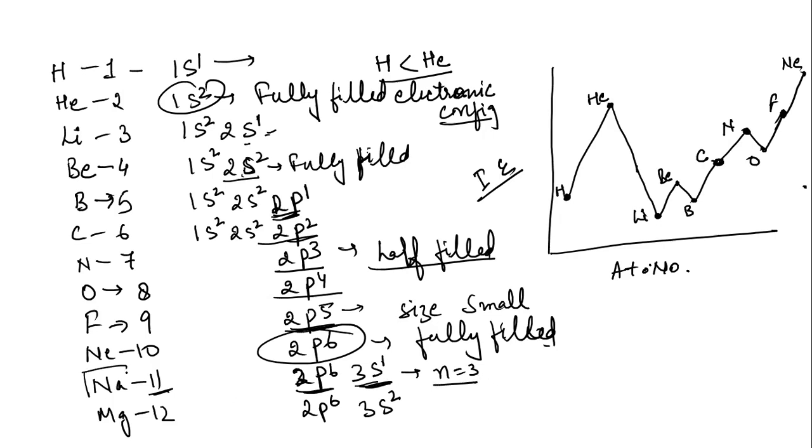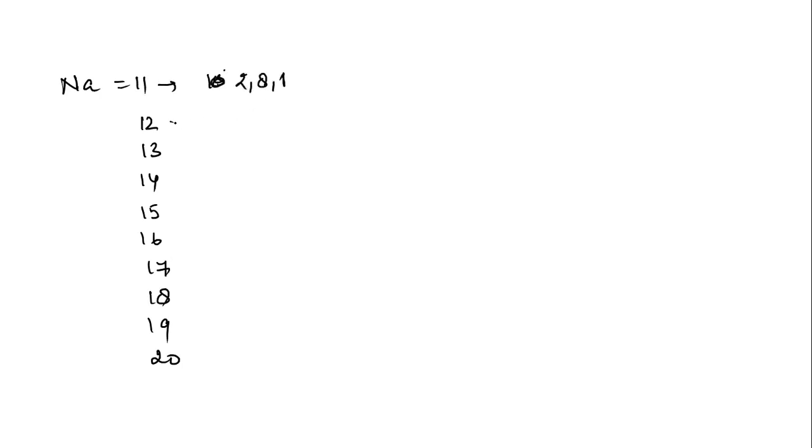So in case of sodium, now see, atomic numbers 11, 12, 13, 14, 15, 16, 17, 18, 19, 20. This is 2, 8, 1. This is 2, 8, 2. 2, 8, 3. 1s2, 2s2, 2p6, 3s1.